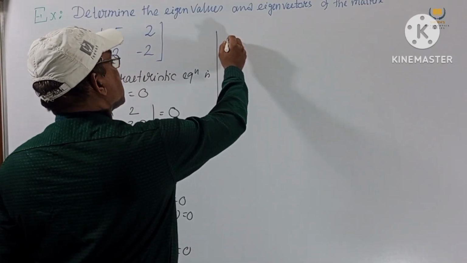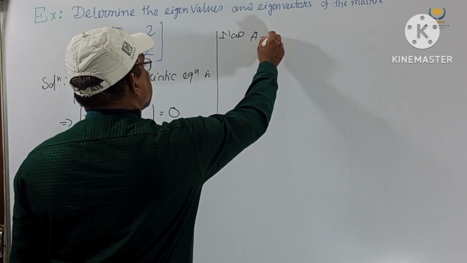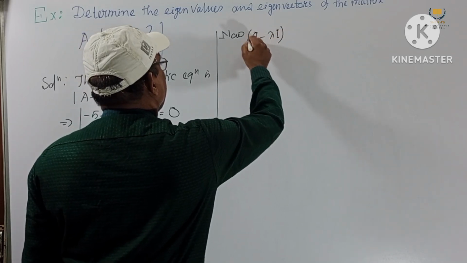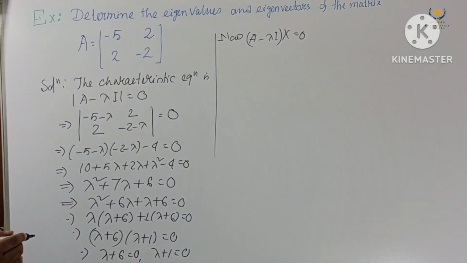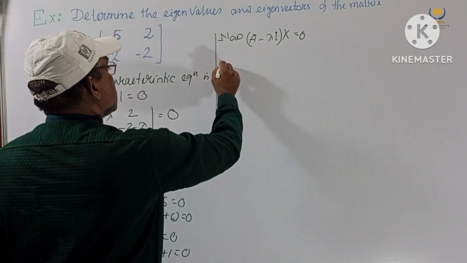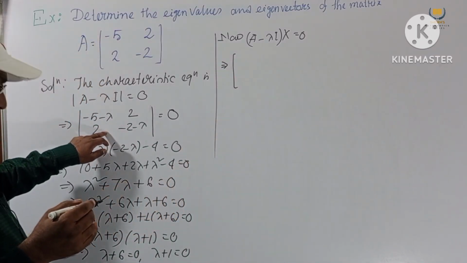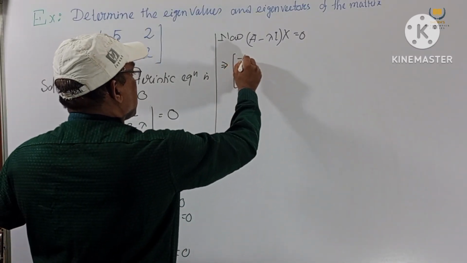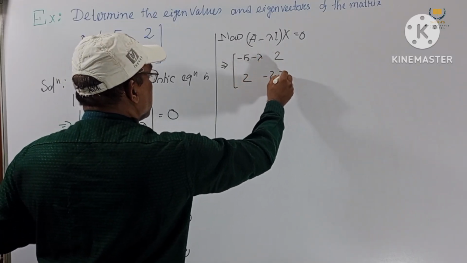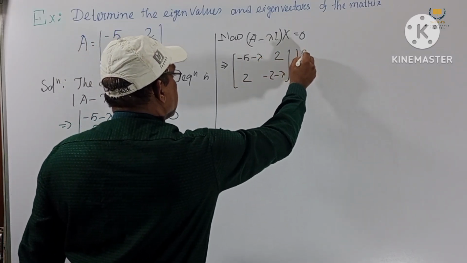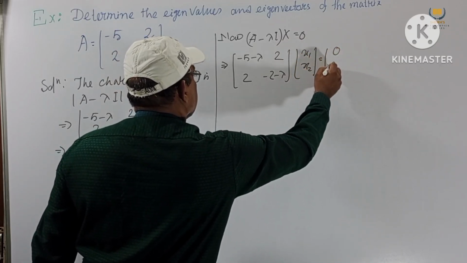For eigenvectors, now we have to write (A minus lambda I) x equal to 0. So this implies [-5-lambda 2; 2 -2-lambda] times [x1; x2] equal to [0; 0].